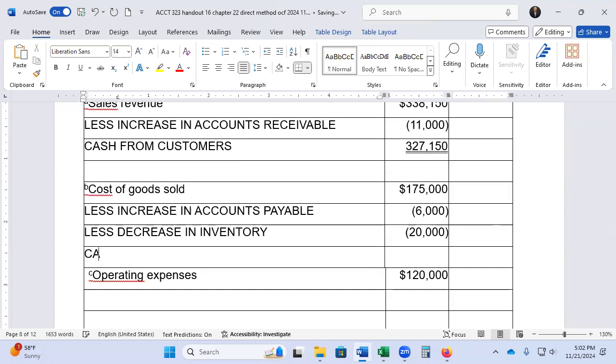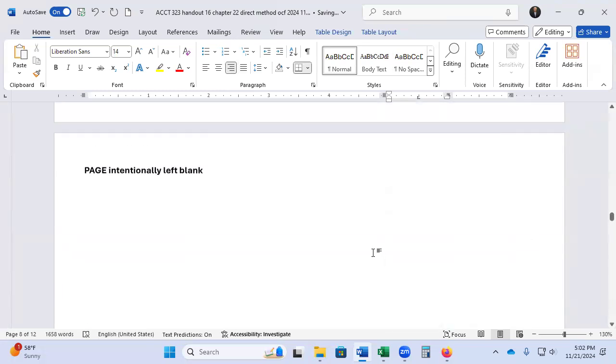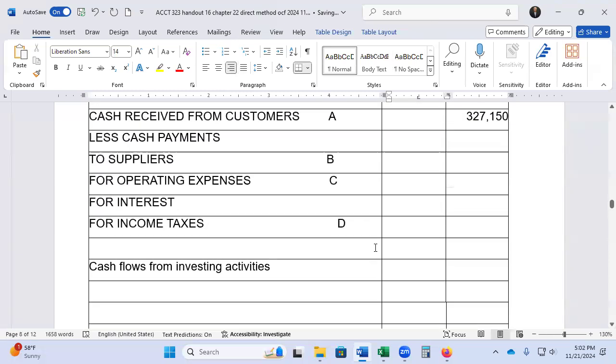And so our cash payments to suppliers is 149,000. So we put that up here.